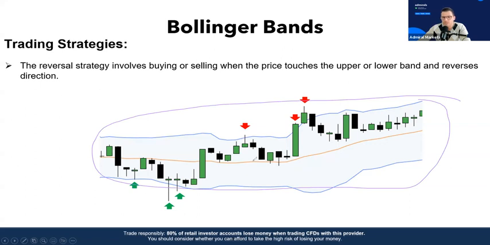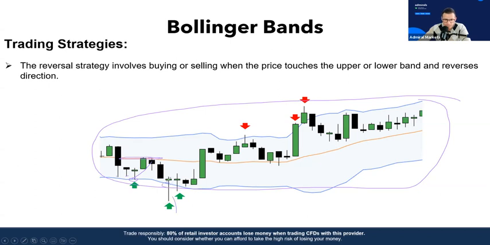When the market is trending, it's not that great a tool to use to always enter against the trend. Like this one here, market consolidates, touches the band, we buy, and we get out when the price touches the 20-period moving average.